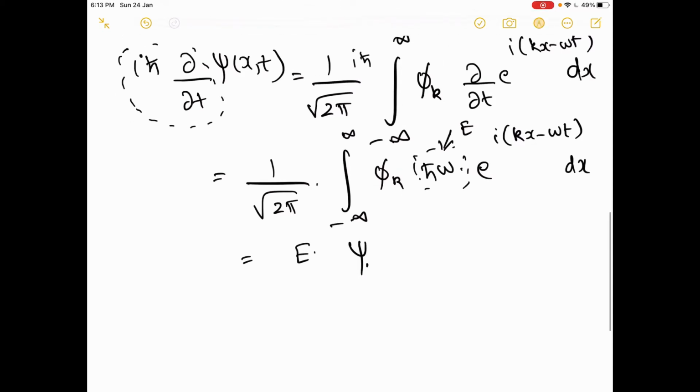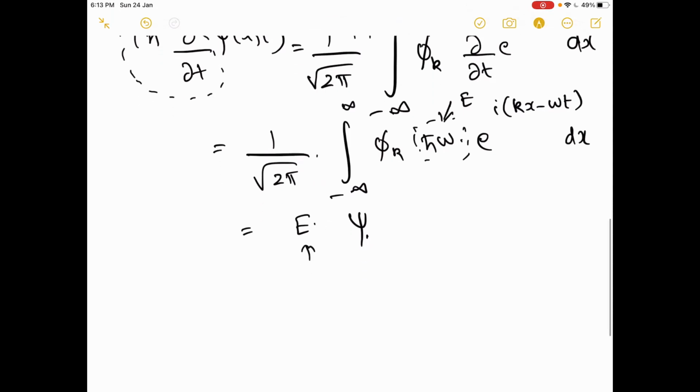So energy is an eigenvalue of the operator. I call this some constant E, okay? For now, at the end of our lecture we will see that h cross omega is indeed energy. We will prove h cross omega is indeed energy, but let me point out that now I just use E as a variable, and call it energy here, but obviously I will prove this later on, okay?